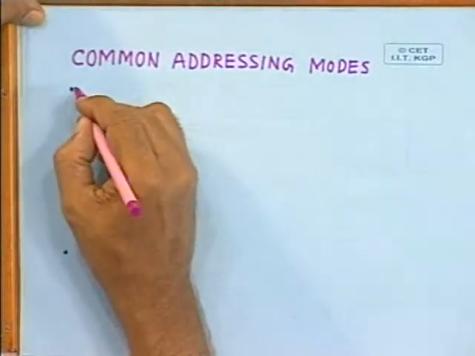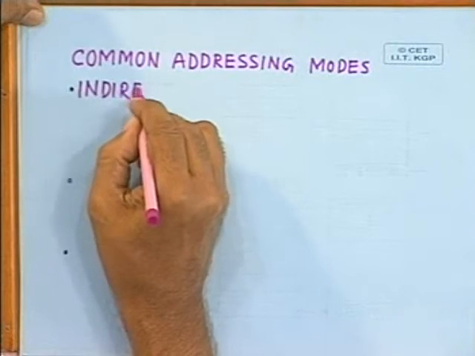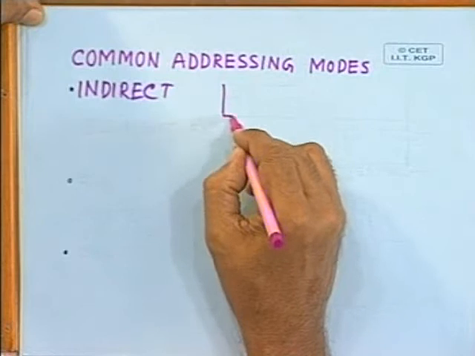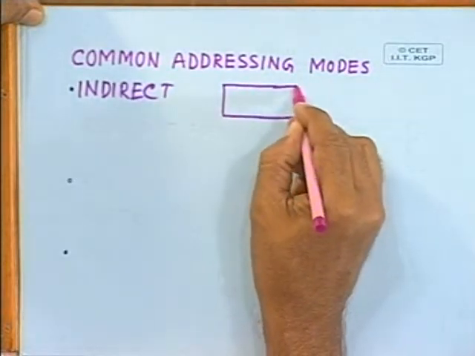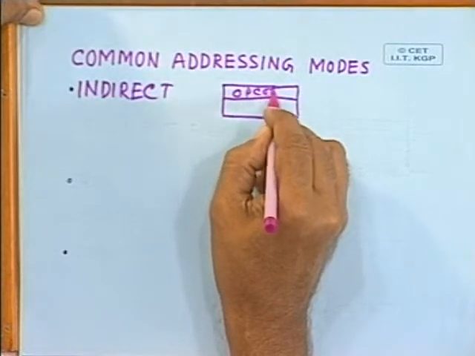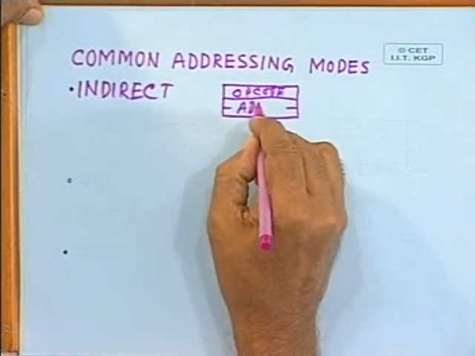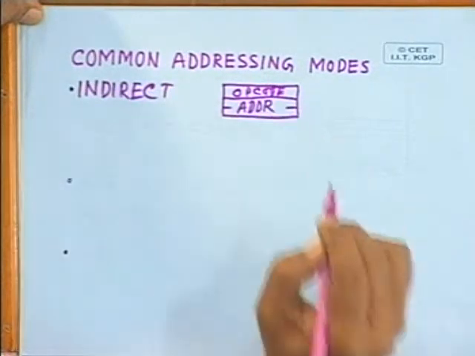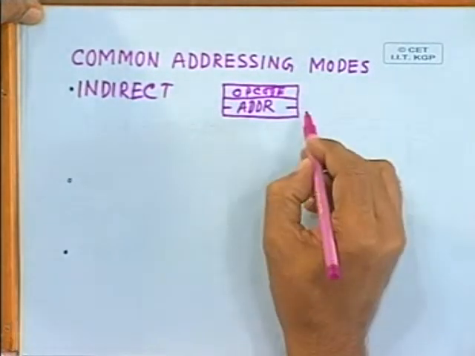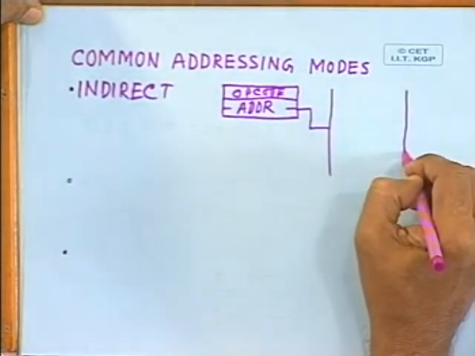Then comes the indirect mode of addressing. In indirect mode of addressing, instead of directly providing the address as part of the instruction, here is your opcode, then your address is here. Now, this is not the address of the operand. This is pointing to a memory location in your main memory.